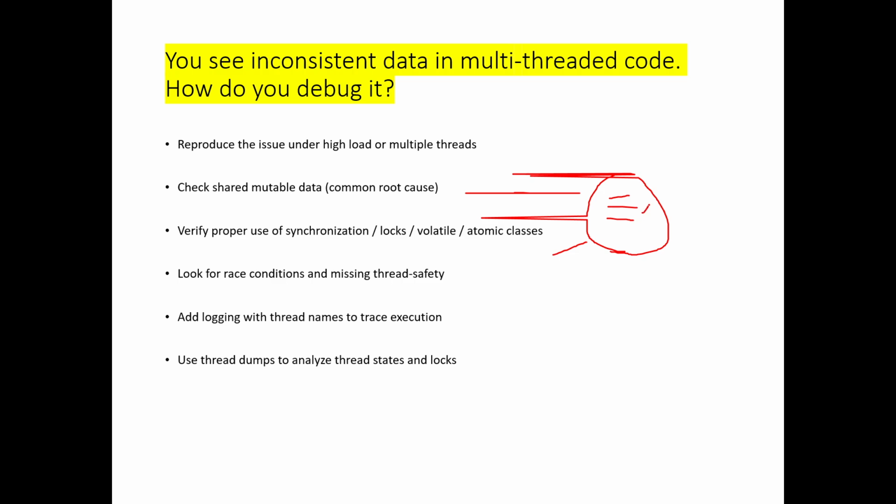Okay. Whatever issues you are getting, you try to reproduce in the lower environment, with the same data and the same environment. If you are able to reproduce it, then you will find the root cause by checking the thread dumps or the logs, to see whether thread safety like synchronization has been applied or not.